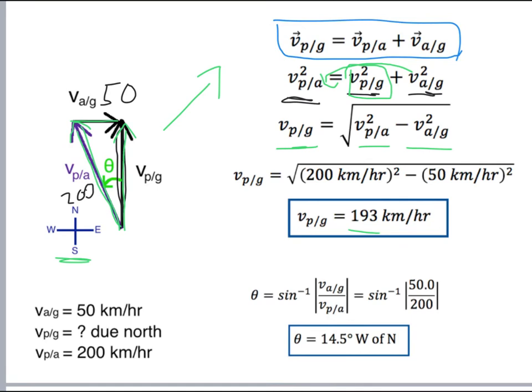And that's what we figured out: how fast the plane is going relative to someone standing on the ground, and what direction the pilot would have to turn the plane into the wind so that it would go due north as the pilot intends.